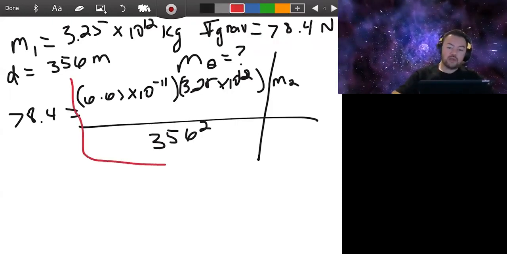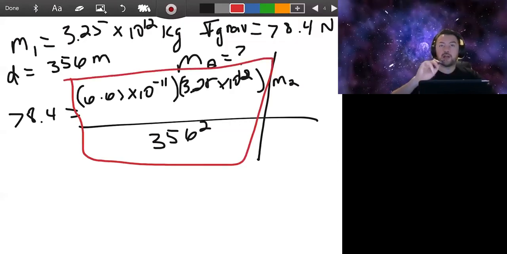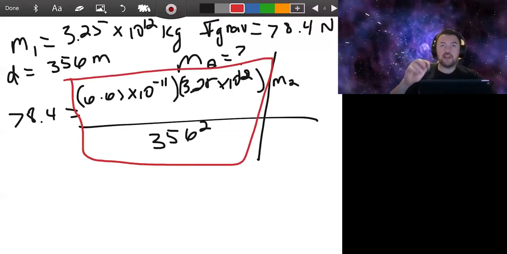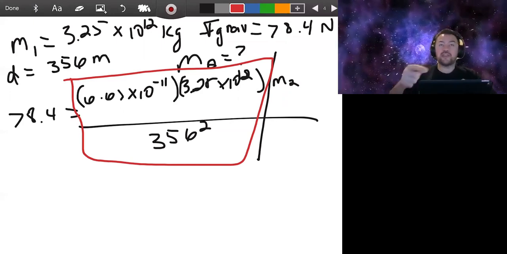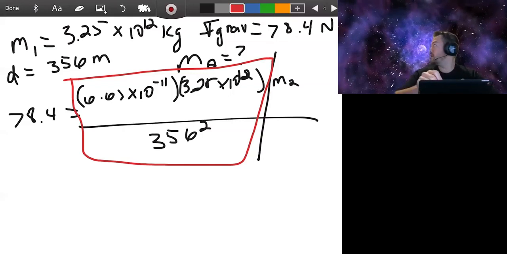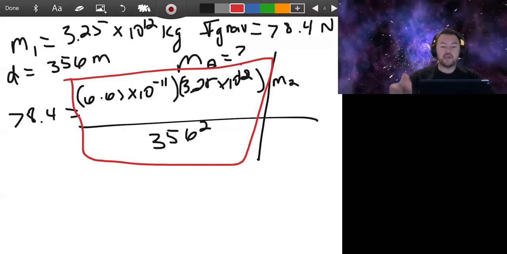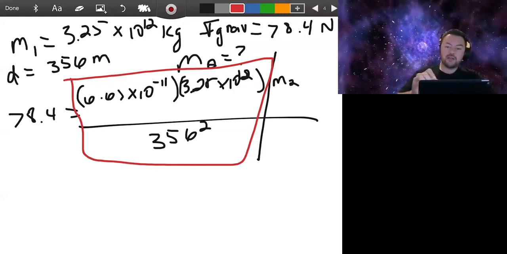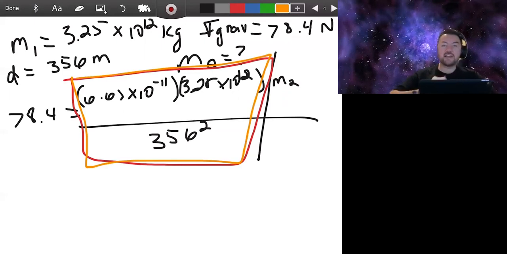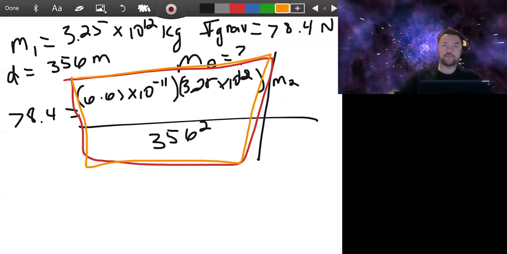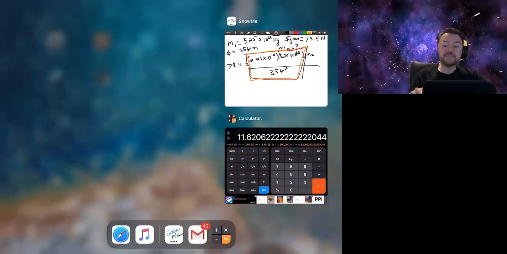We can multiply the two top numbers, divide by the bottom number squared, and then that's going to be some number times mass of number 2, and then we're going to divide this into our force. So let's do that instead. It's essentially going to be all of this again, all of that in red, divided into 78.4. So let's do this piece by piece.